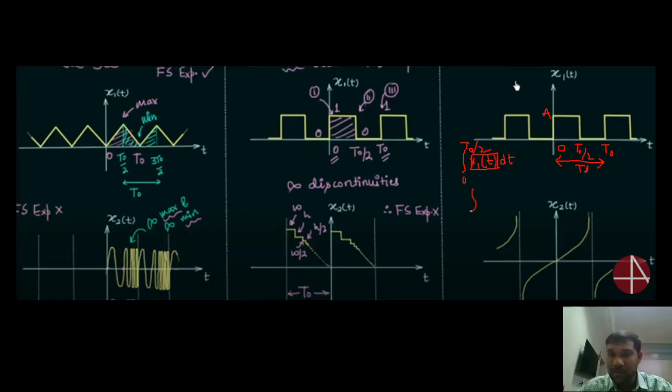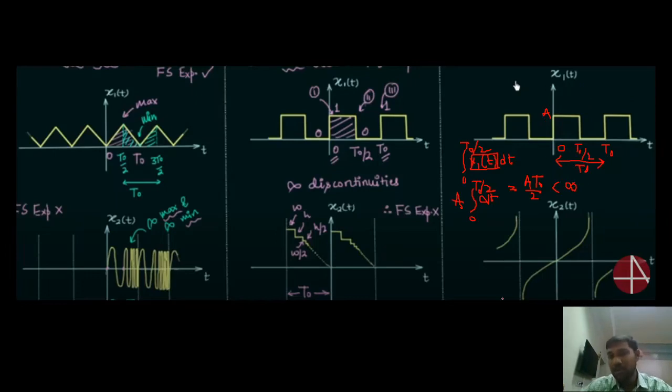So integral 0 to t naught by 2 of a dt, where a is a constant. If I integrate it, I'll get a into t, and substituting the limits, I'll get a into t naught by 2, which is less than infinity. So this first signal is absolutely integrable.